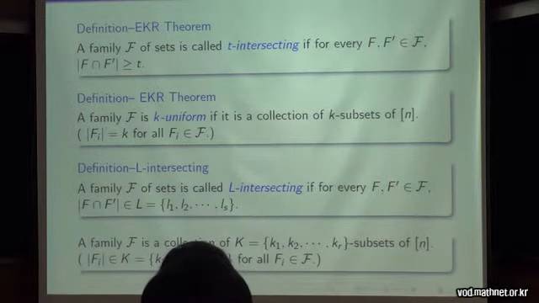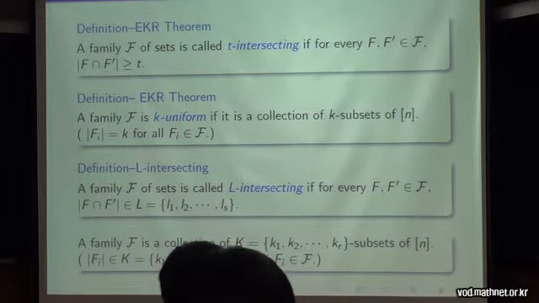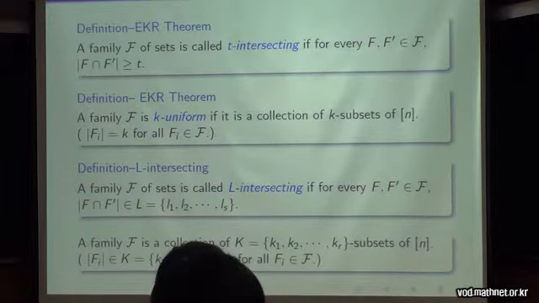Instead of t-intersecting and k-uniform, we now consider L-intersecting and a set K of sizes. What is L-intersecting? The size of the intersection of any two sets is in the set L, from l1 to ls.